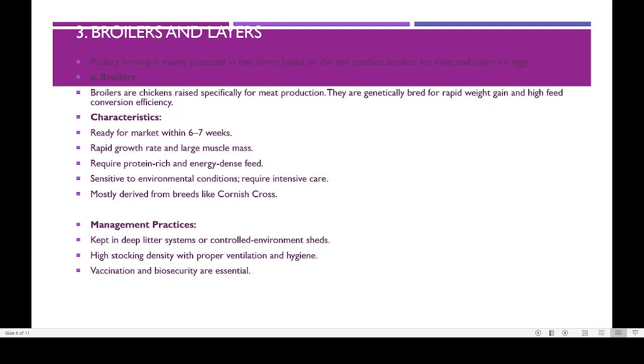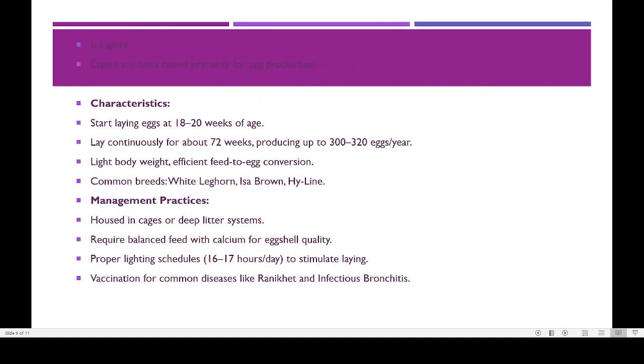Otherwise, if there is some kind of disease like bird flu, the entire flock will be dead. So that is a problem. Vaccination and biosecurity are also very important, because if there is some kind of virus attack, the entire chicken will be destroyed.